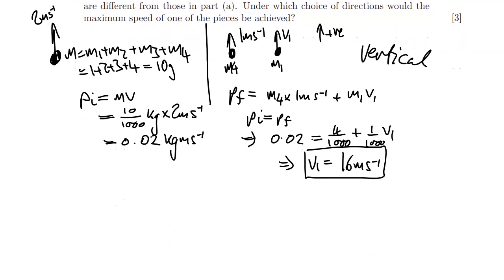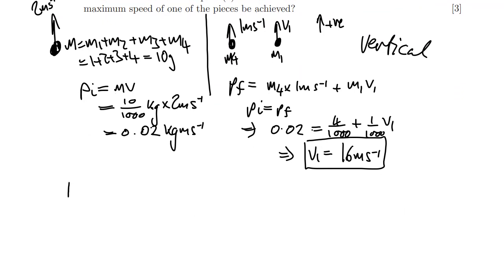The initial horizontal momentum is 0, because initially our trajectory is just going upwards, so there's no movement in the horizontal direction.